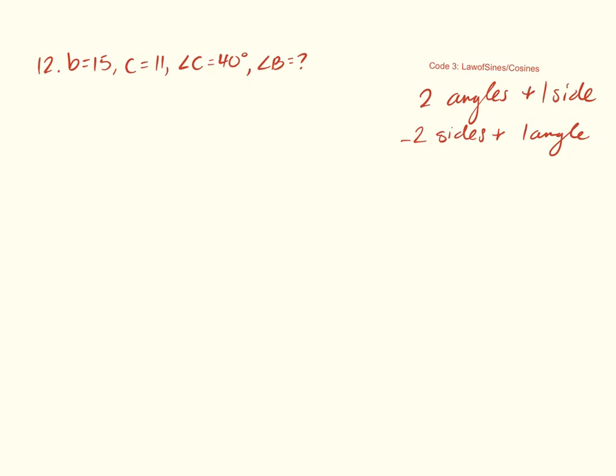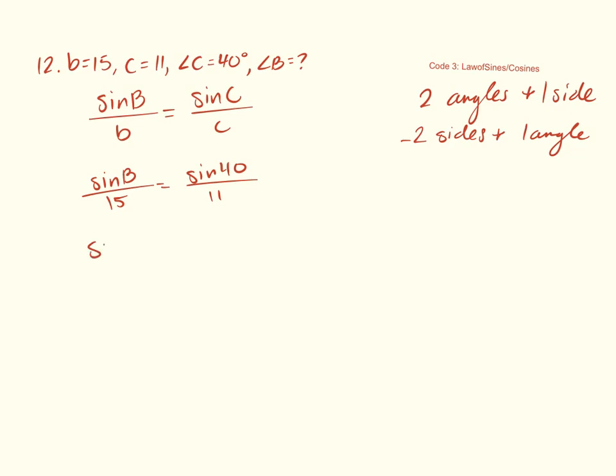First thing I'm going to do is set sine of angle B over side B equal to sine of angle C over side C. And I'm going to plug in what I know. So I have sine of B over 15 is equal to sine of 40 over 11, which becomes sine of B is equal to 0.8765.